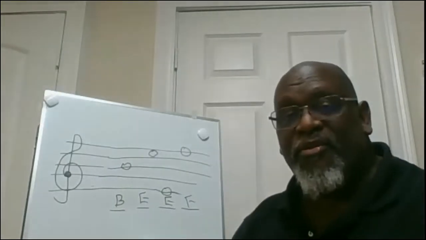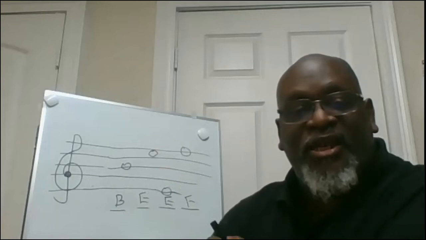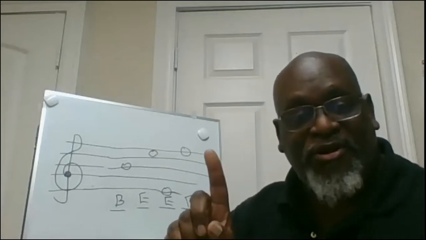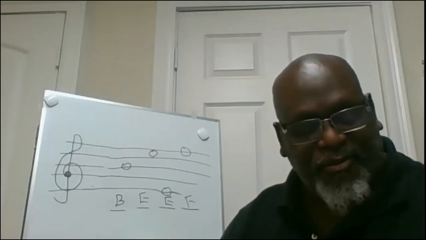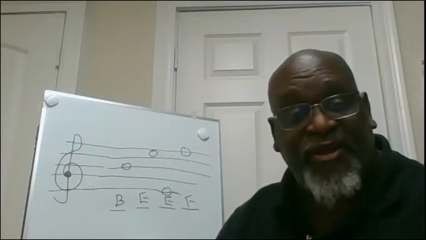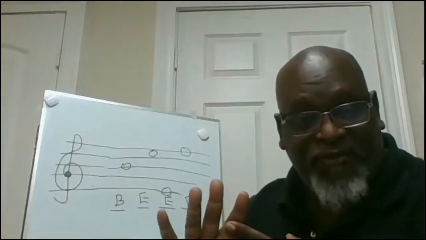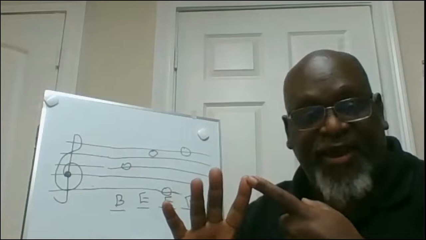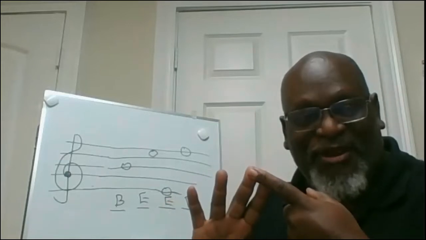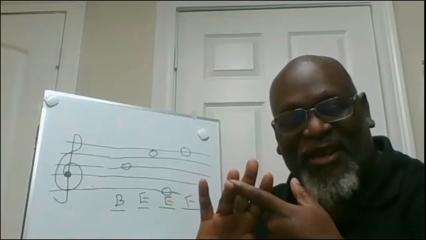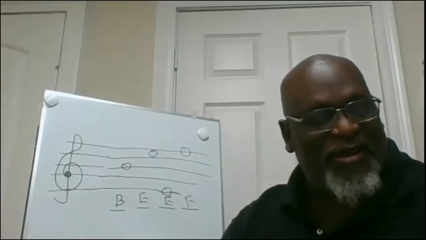So, boys and girls, we've talked about two things today. First thing we talked about were the families of the orchestra. We named the 4 families of the orchestra. Can you name them for me? Brass family, string family, woodwind family, and the percussion family.